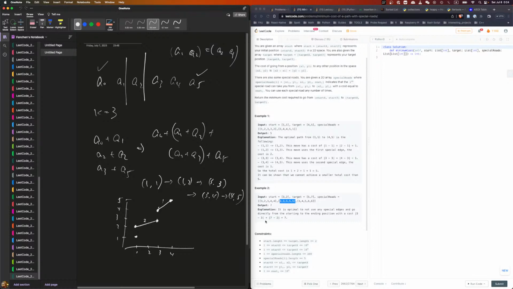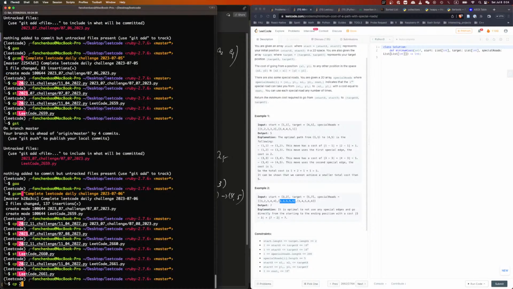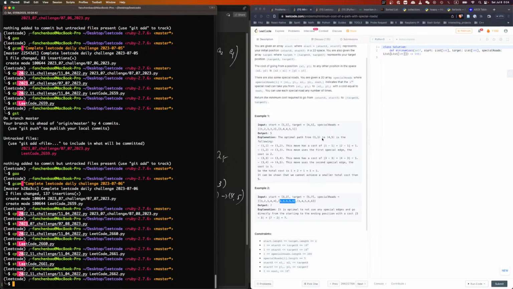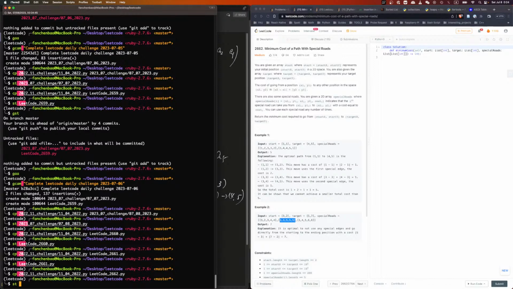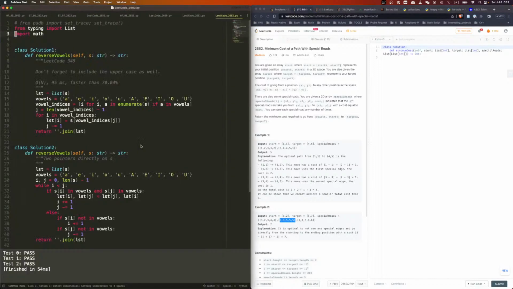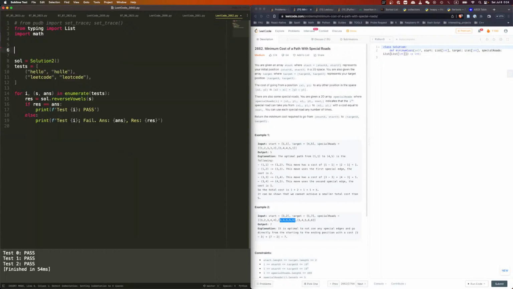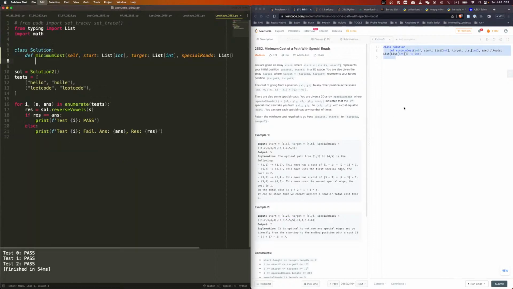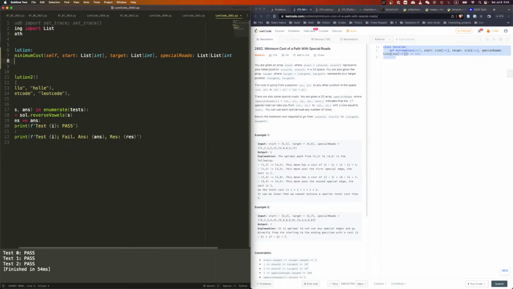But at most it's O(n) squared, I think. So I think that will work. Let's try this. We have very little time left, so I don't want to take too long. Let's just give this a shot. If it doesn't work, we will debug it tomorrow. But at the moment, let's try.